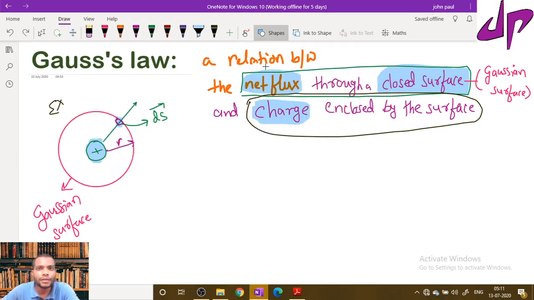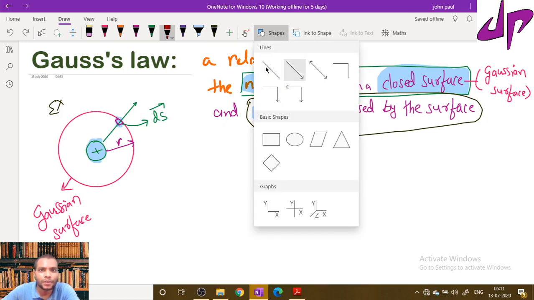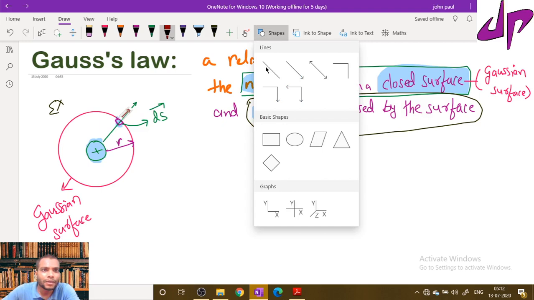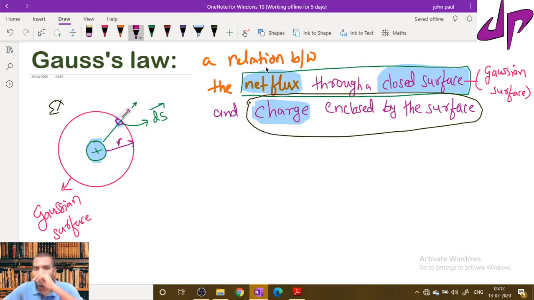I'll draw the electric field vector here, in the same color. Now the electric field vector and the area vector are in the same direction. If E is the electric field and dS is the small elemental area, what is the flux?